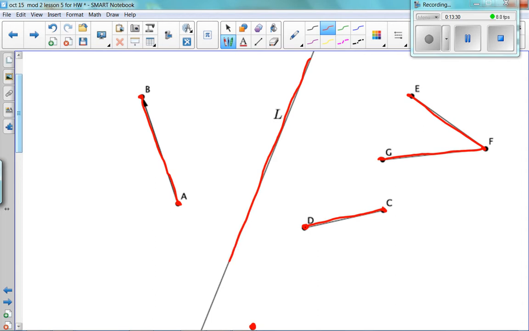So mark up the rotation point O, the line, the angle, the line segment, and the ray, and then rotate all of these figures in a counterclockwise direction. They need to all be drawn on the transparency first before you rotate any of them. You want to rotate them at the same time so you know you're rotating everything the same number of degrees.